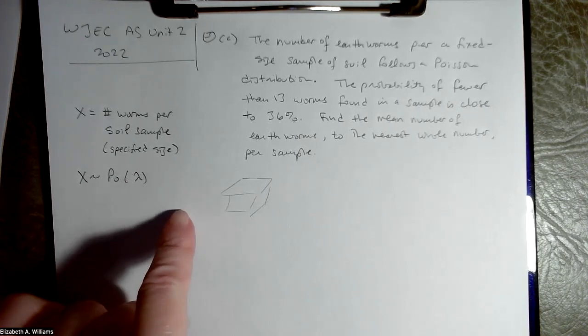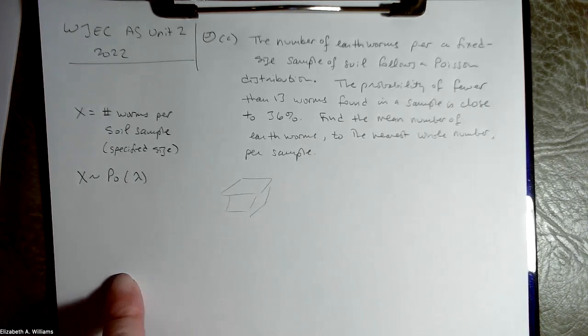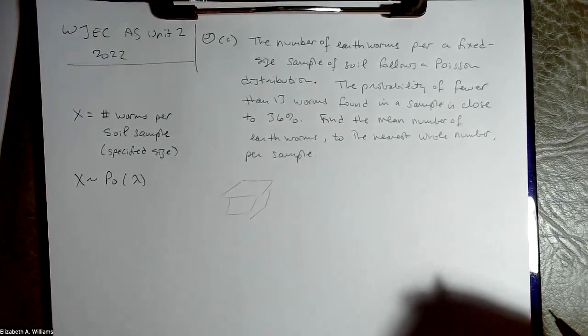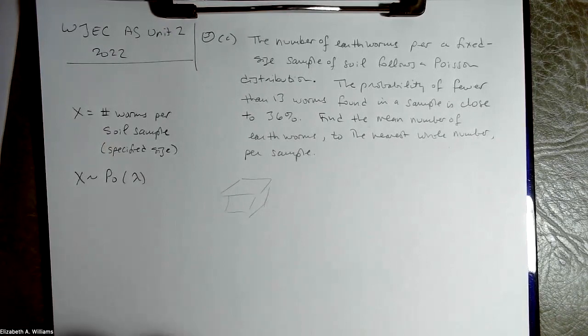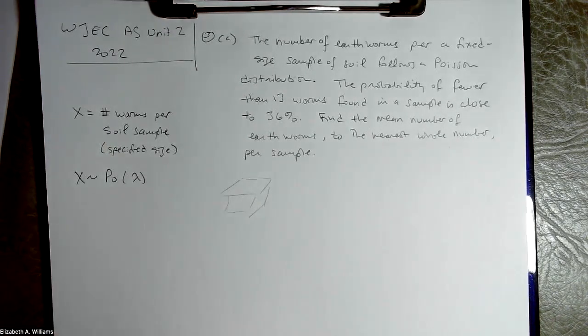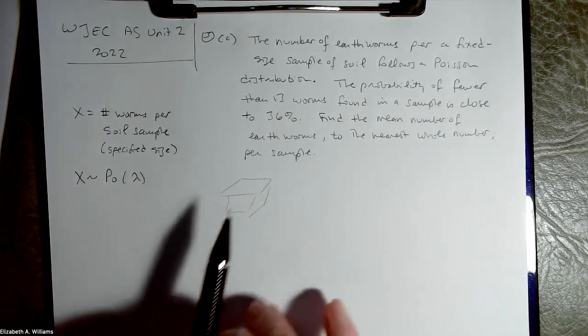And then question C asks the question kind of the other way around. They say, okay, we're now in the autumn, so the number of earthworms on average has a different mean than it did in the first half of the question.